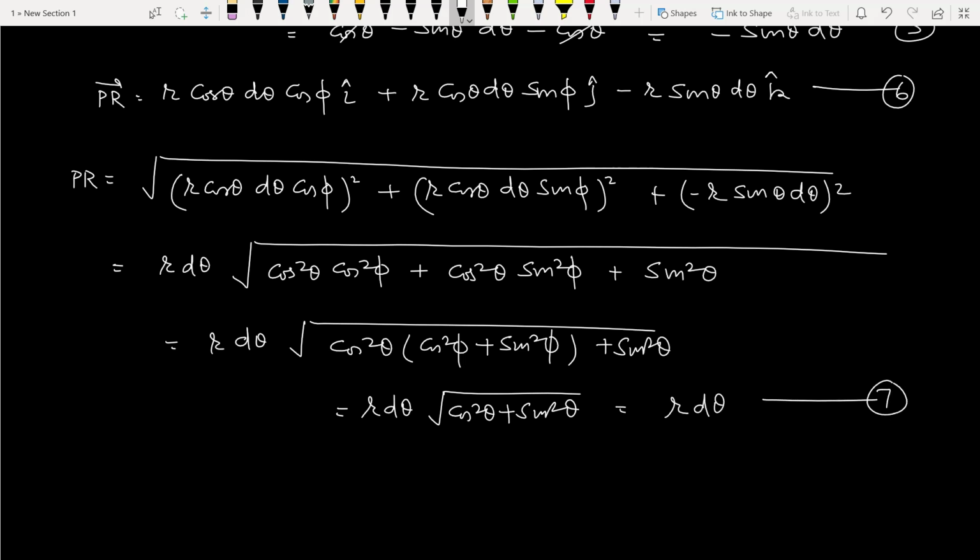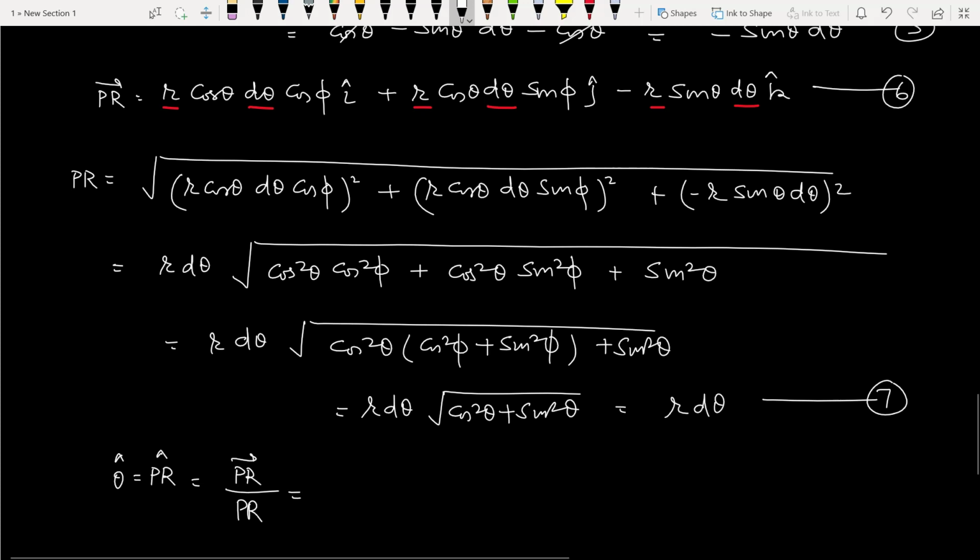So theta cap is PR cap vector. So it is PR vector over PR. So when you find this, r d theta is there in each of the terms, r d theta, r d theta, r d theta. All these terms will cancel out.